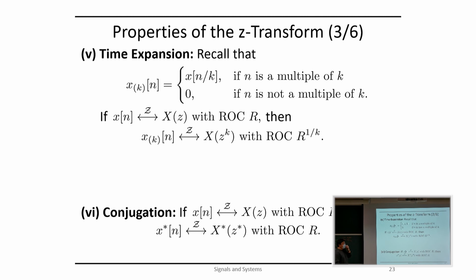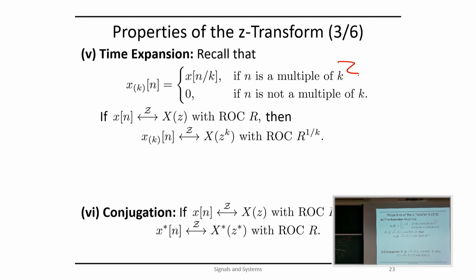In time expansion, we define this signal x sub k of n, which takes on the value x of n over k when n is a multiple of k and 0 otherwise. What this does is basically take the original signal x of n and insert k minus 1 zeros in between every two samples. So you're stretching this discrete time signal by inserting k minus 1 zeros in between.